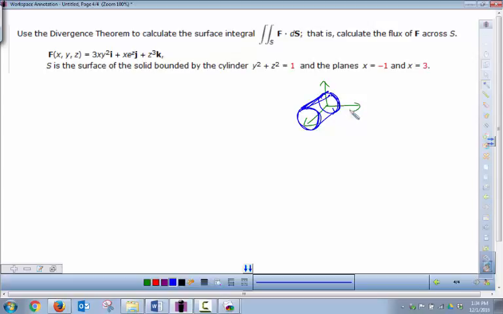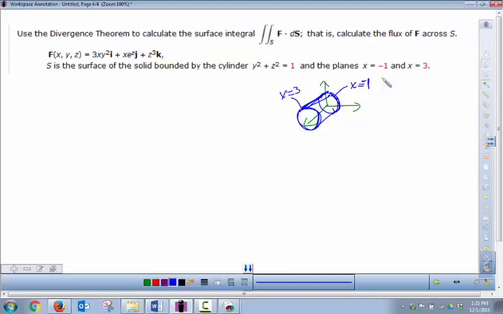I don't know if I drew it like it goes behind. So x equals 3, negative 1.